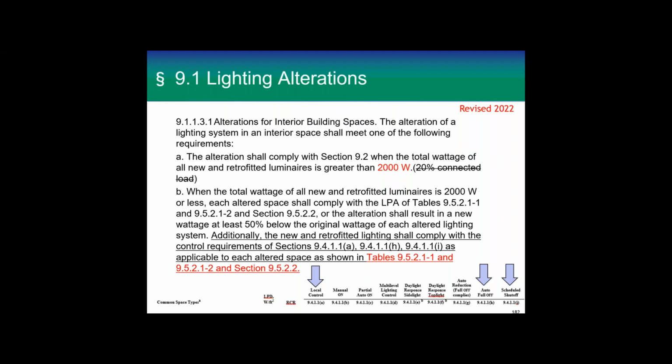Additionally, the new and retrofitted lighting system shall comply with the control requirements of 9.4.1. So that's where we get them again, and each altered space is shown in tables. Again, you can't do something that improves the lighting up to 50% without doing the controls, and that bothers people.